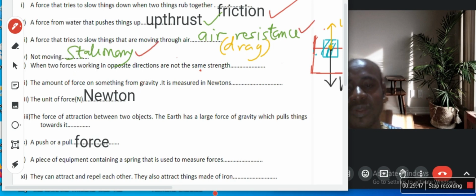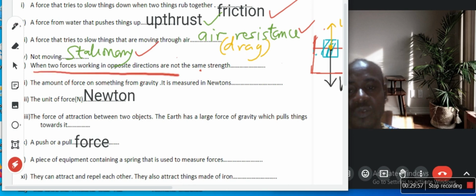When two forces working in opposite directions are not the same strength. Have you read this one? When two forces working in opposite directions are not the same strength.